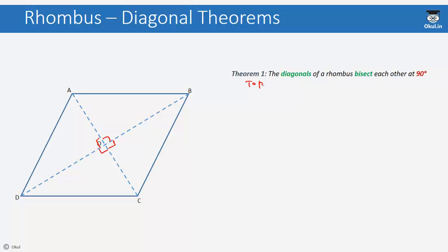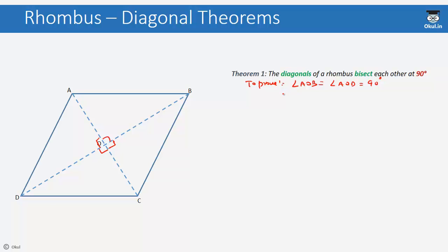We need to prove that angle AOB is equal to angle AOD is equal to 90 degrees. And I know that ABCD is a rhombus.